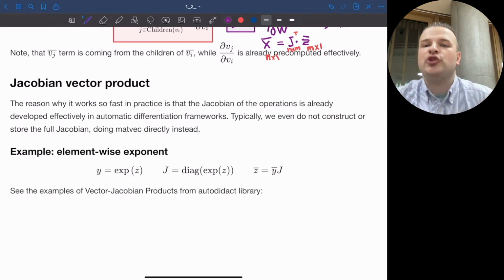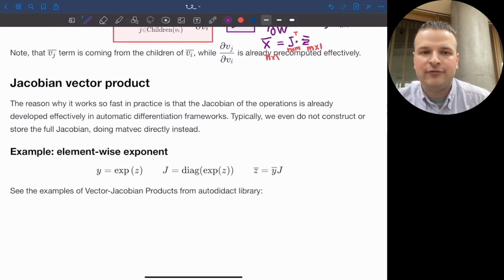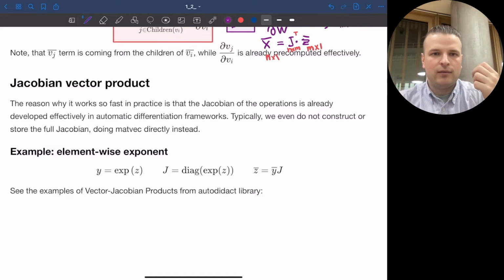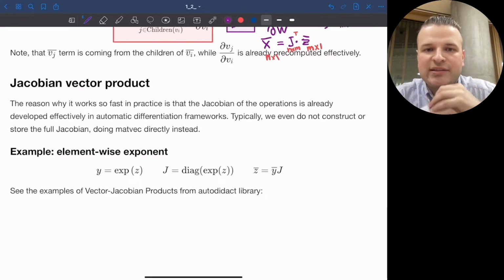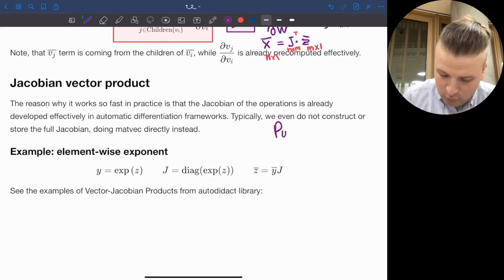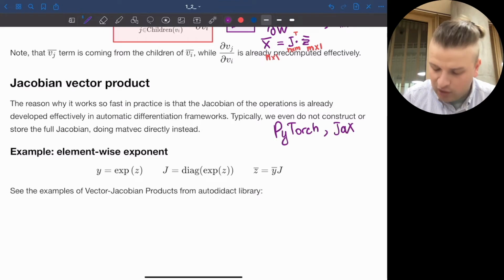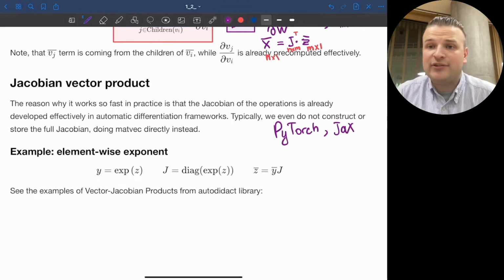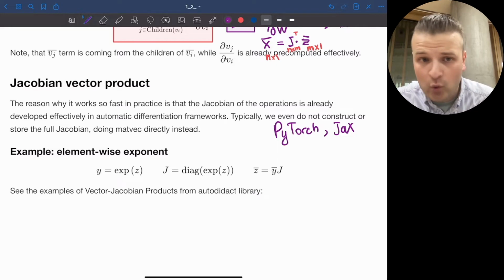And each operation of your computational graph is made in these automatic differentiation frameworks like PyTorch, like JAX by Google, like Autograd, like TensorFlow.